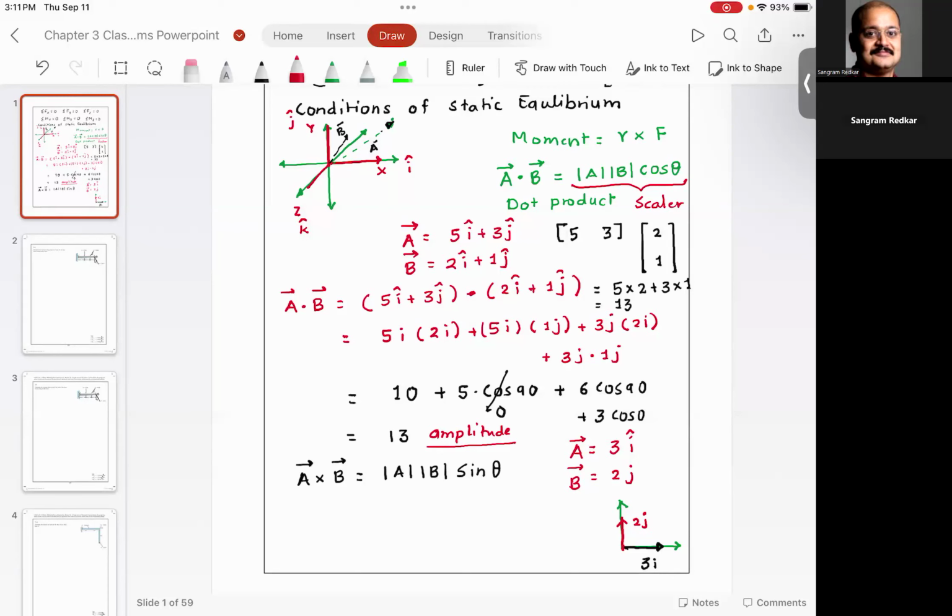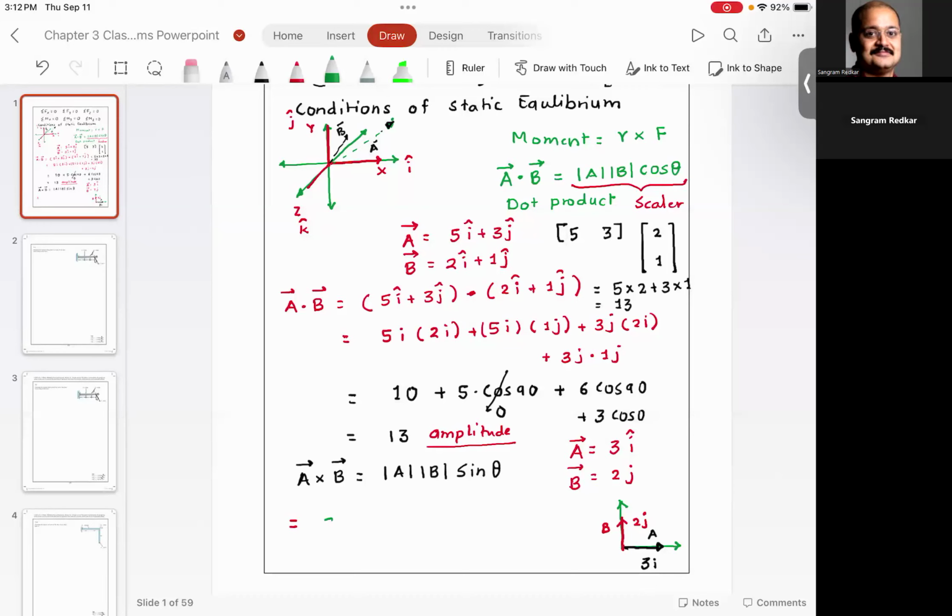Now, if I want to perform the cross product, the way I would do it is magnitude of A, magnitude of B. This is A, and this is B. Please note the order is very important.